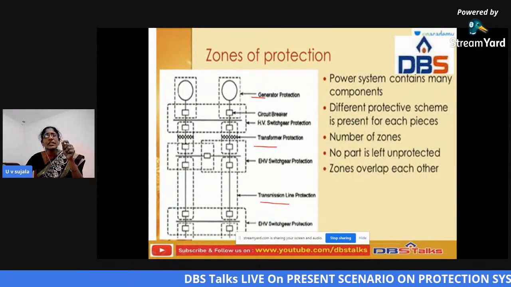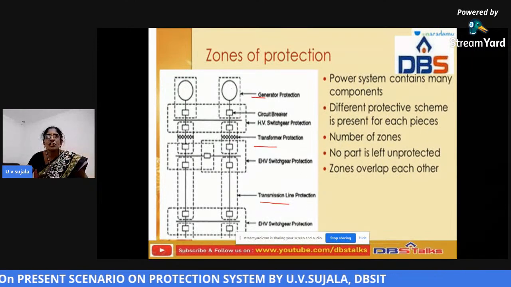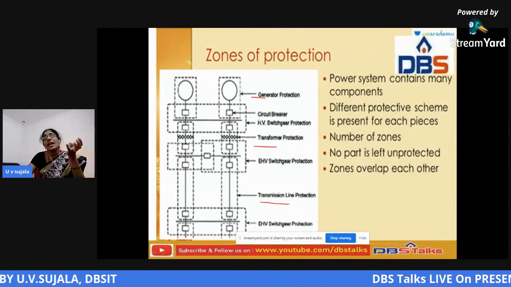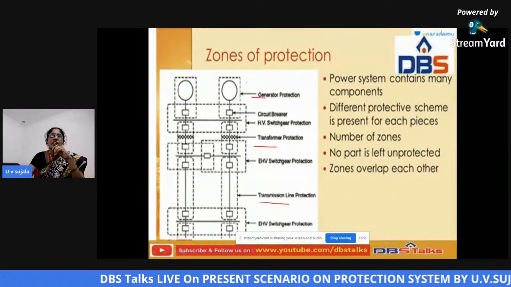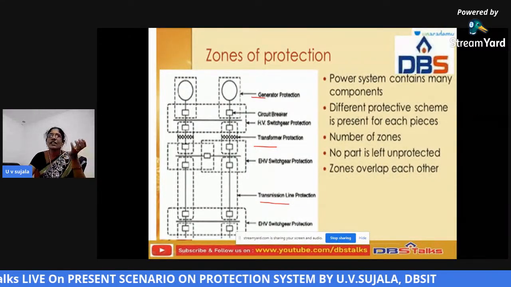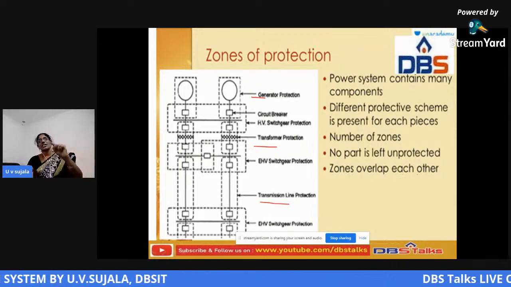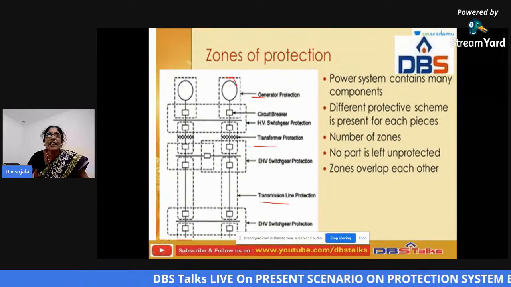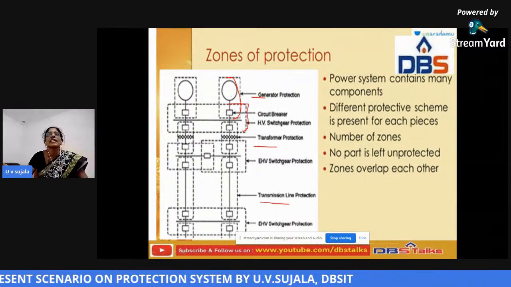When you have to protect the system, every protective system will have its own protective zones. Here you observe that the power system contains many components, a number of zones, and protective zones overlapping each other. Here we observe your generating station, but there is another overlapping zone for this generating station.